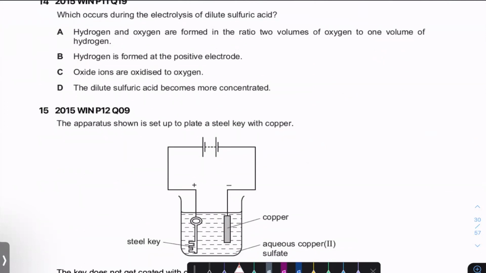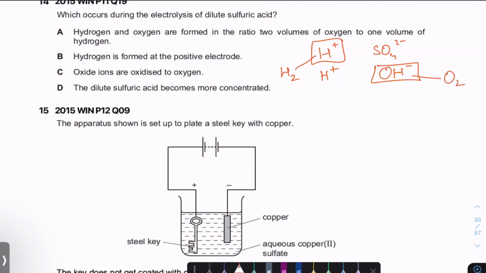Which occurs during the electrolysis of dilute sulfuric acid? Again, what's happening? You have sulfuric acid, so H positive ions and sulfate ions. And you have water, H positive and OH. So this will form for sure because it is the only option, and from here this. This will form hydrogen gas.